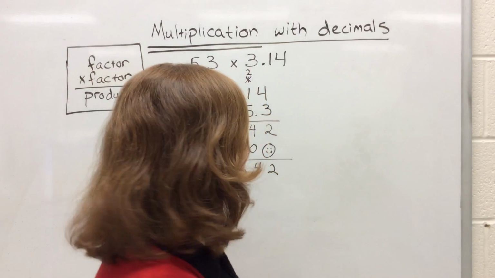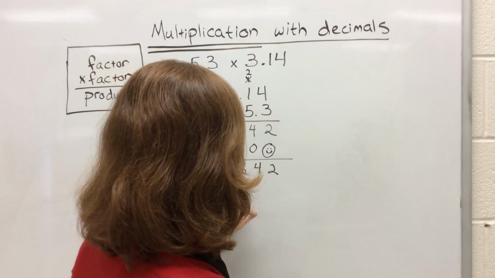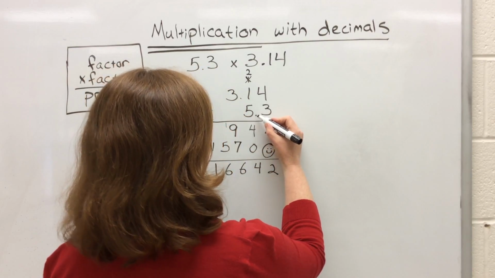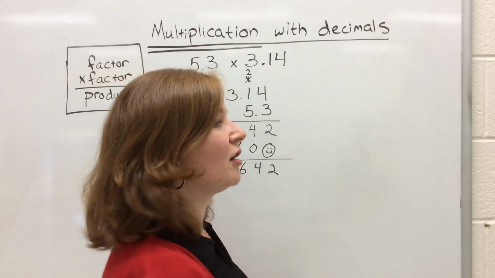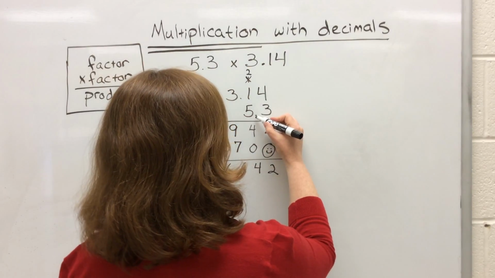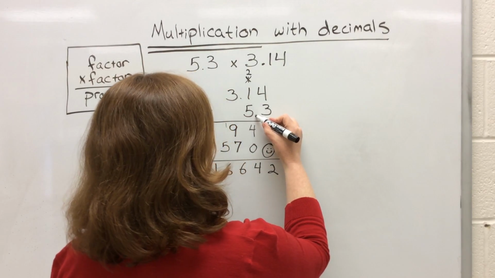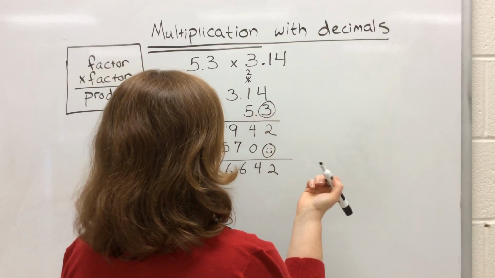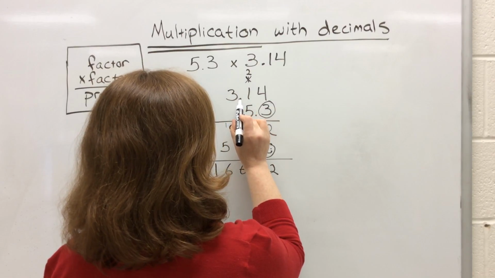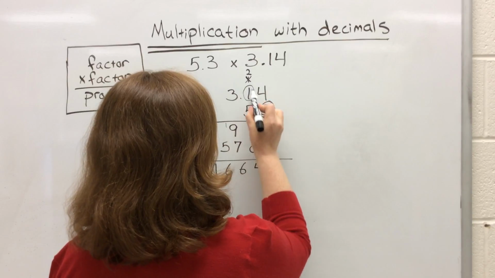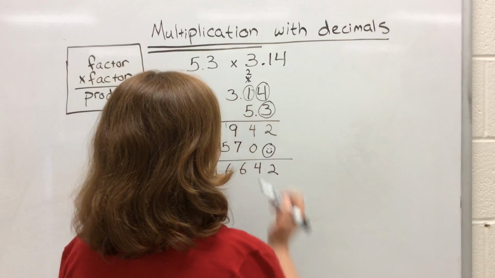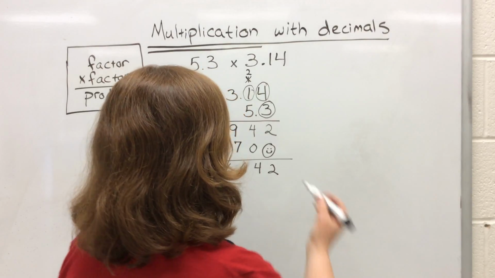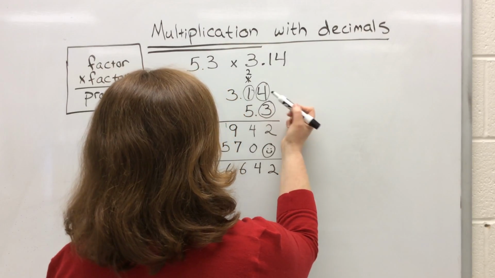It's time to find out how many places I'm going to move before I place my decimal. So what I need to do is count how many places of decimals are in my two factors. In this factor, there's 1 place after the decimal point. In this factor, there are 2 places after the decimal point. Now I've circled everything that comes after the decimal point in both my factors, and I can count. 1, 2, 3.